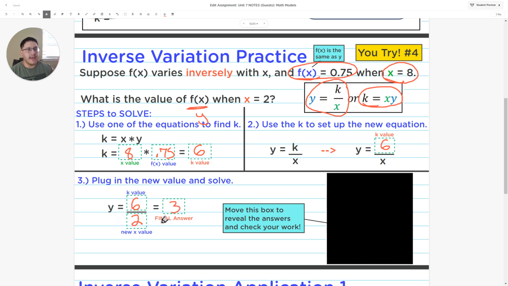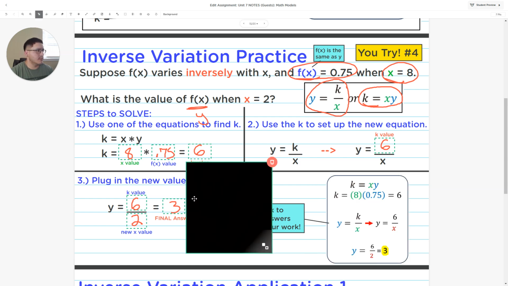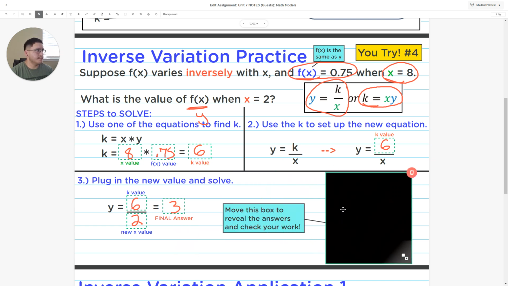Therefore, y is equal to 3 when x is equal to 2. All right, that's it for you try number 4.